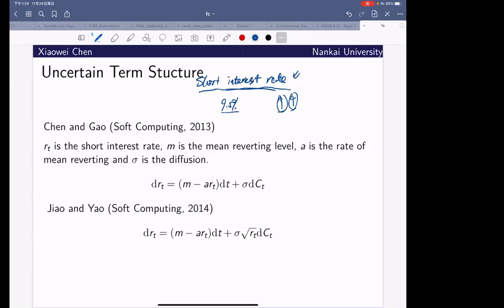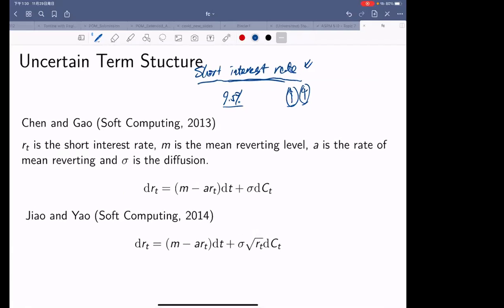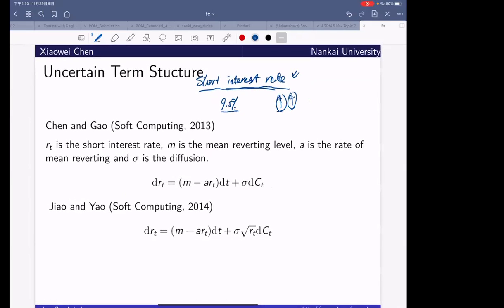So you can find that the SHIBOR interest rate changes with time and with macroeconomics. So we want to use the uncertain differential equation to describe the SHIBOR interest rate. The first model was created by me and Professor Gao. We described the SHIBOR interest rate using an uncertain differential equation.